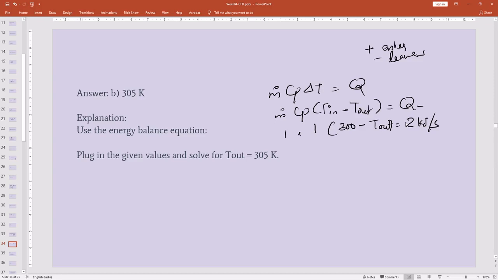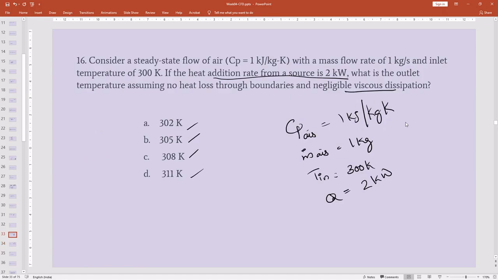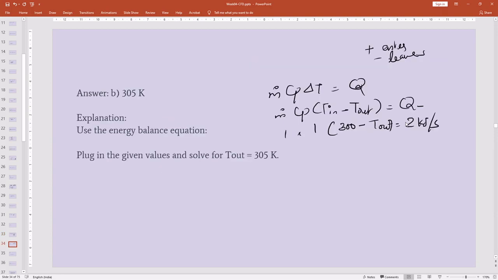What will be the answer? Okay, it's 302. Is it 302 or 305?